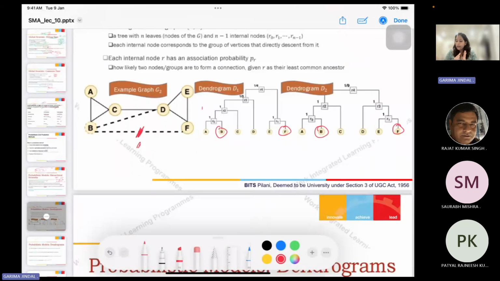First of all, you will calculate the least common ancestor of these two nodes. What is the least common ancestor here in D1 for B and F?